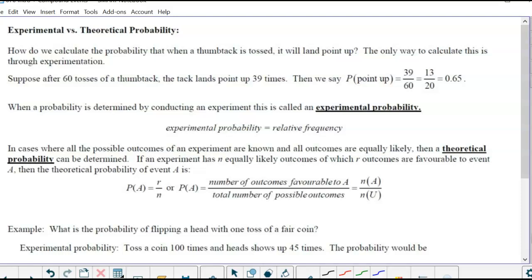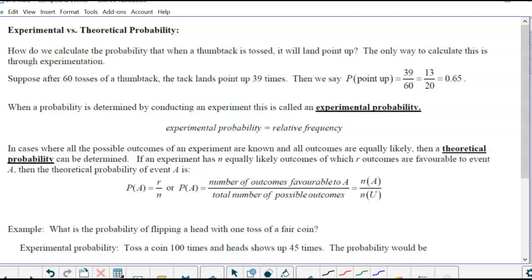In cases where all the possible outcomes of an experiment are known, and all the outcomes are equally likely, then you can talk about a theoretical probability. So if an experiment has n equally likely outcomes, of which r outcomes are favorable to event A, then the theoretical probability is given here.